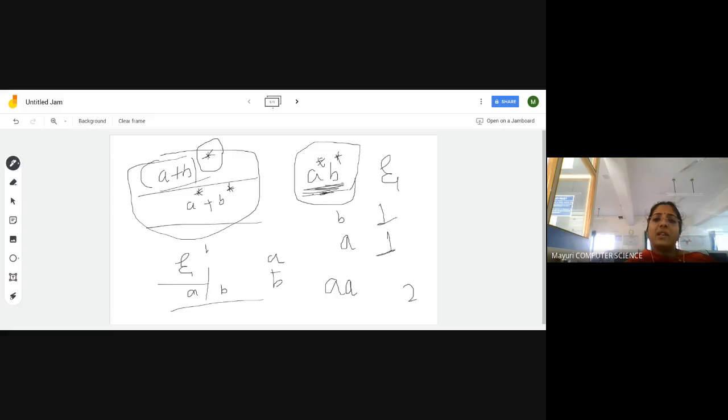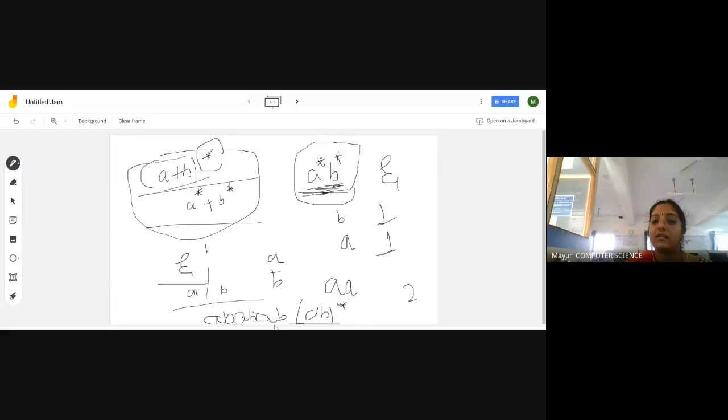Here there is an individual restriction on A and B, right? Individually you have A star, B star. Suppose you have something like (AB) the whole power star, it means that it always goes with combinations of AB: AB and then AB and then AB.